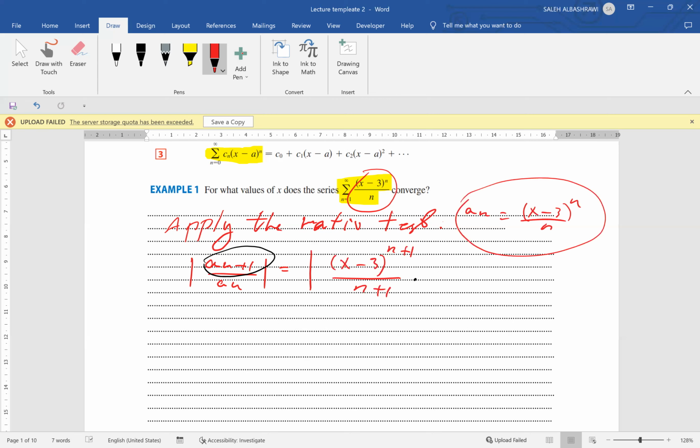If we divide by a sub n, it means we multiply by the reciprocal of the fraction, so multiplied by n divided by x minus 3 to power n.